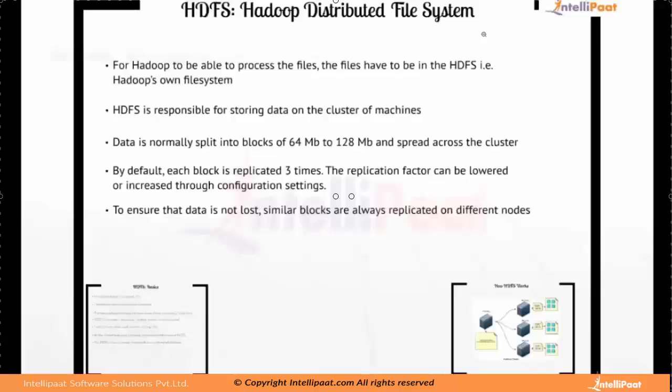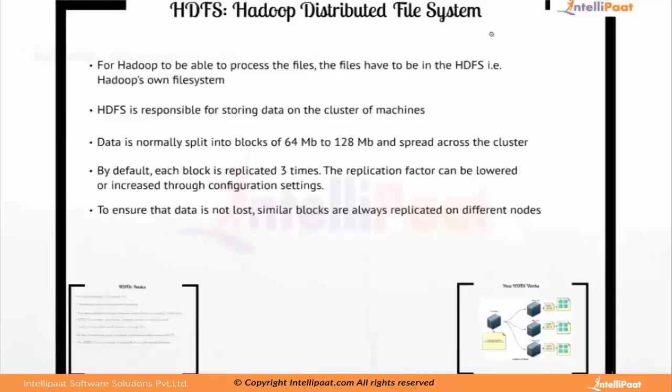Okay. So HDFS, for Hadoop to be able to process the files, they will have to be in HDFS first. Okay. We understood that for me to process any data, the data has to be dumped inside HDFS. HDFS is responsible for storing data.